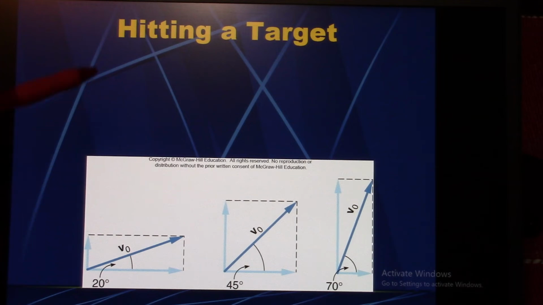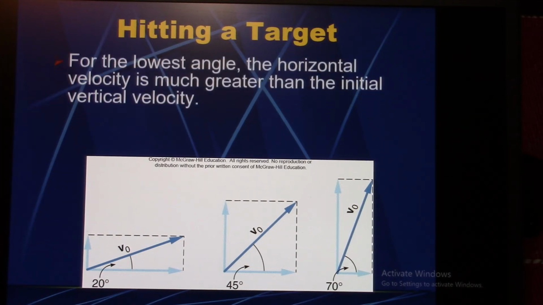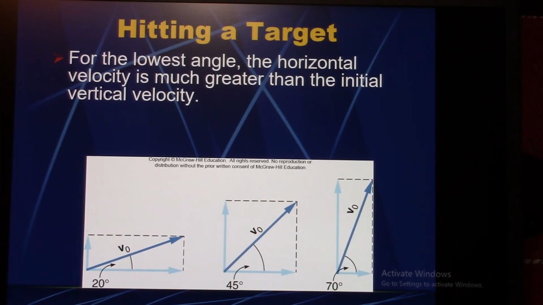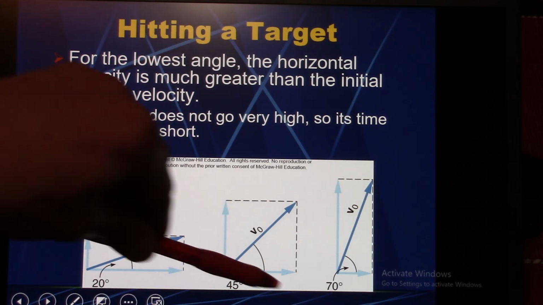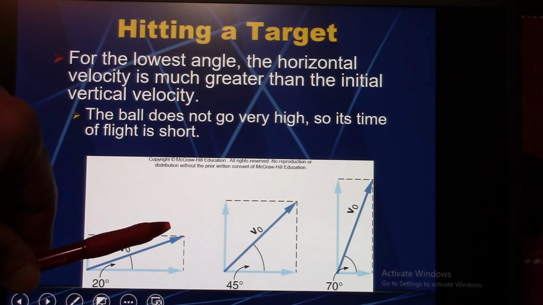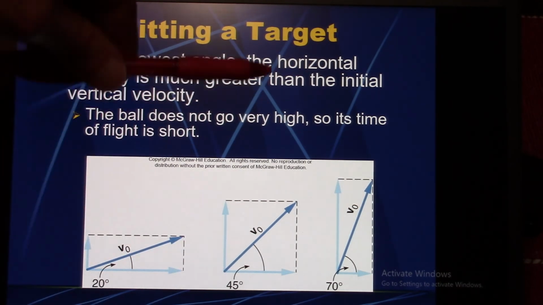Yeah, and then again, you're adding the vectors as well, right? Okay. If these vectors are all the same value, well, if it's a really small angle, it's going to hit the ground because gravity is going to pull on it.